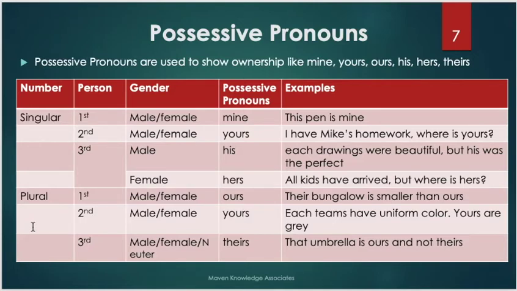That umbrella is ours and not theirs. So that umbrella is ours and it's not their umbrella. So instead of saying that, we are saying that umbrella is ours and not theirs. We are using s. And we can use this in case of both male, female and neuter.